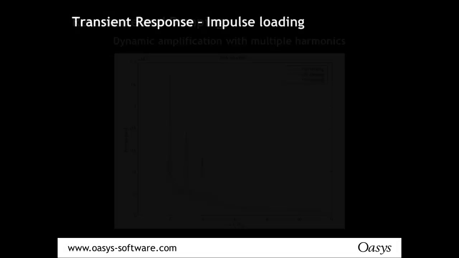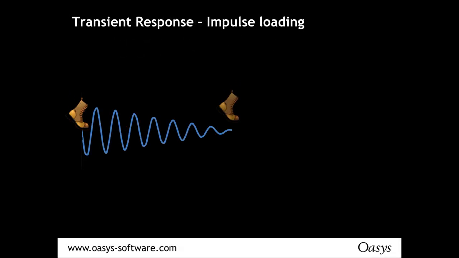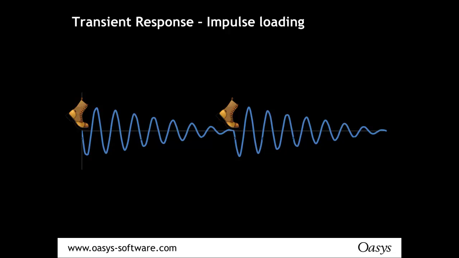Now, I also mentioned transient response. Transient or impulse loading is when you get a high frequency structure, say vibrating above 10 hertz or so, where the response is all based on that initial vibration, and it dies off such that you don't get resonance.